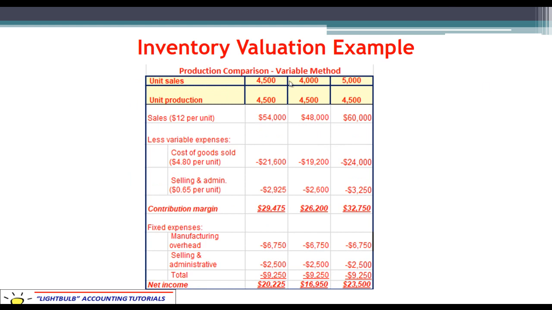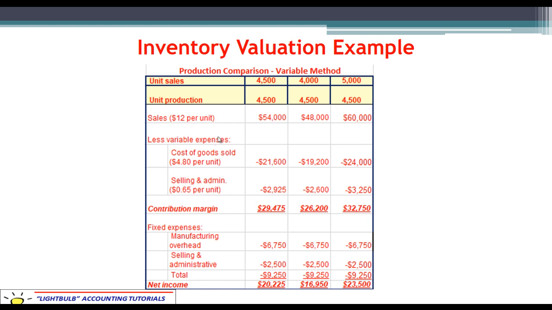Now, if we were using the variable method instead, notice how the income statement looks different, first of all. Now it's sales less all of our variable expenses, including both the variable product expenses and the variable selling and administrative.